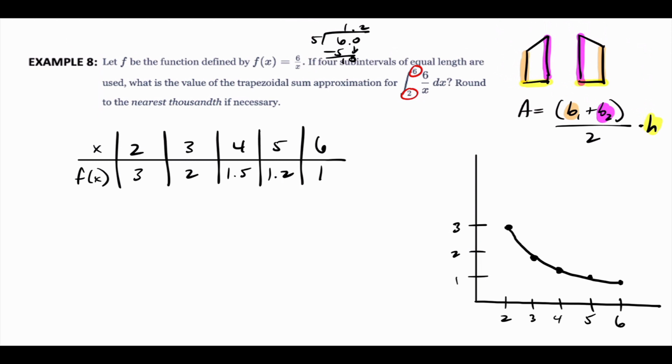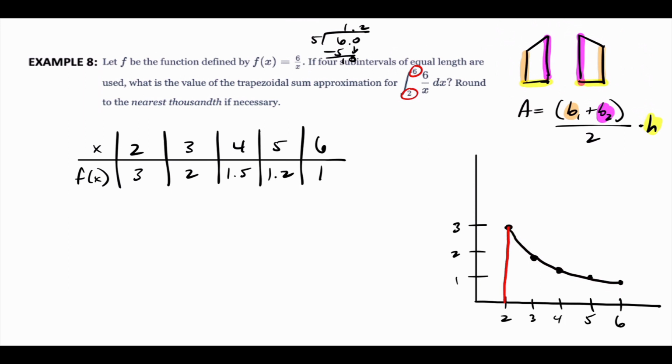Now I'm going to draw each of those 4 trapezoids. Okay, so like I told you at the beginning, they're either going to look like this or like this, depending on what the function is doing. This guy's decreasing. So they're all going to look like this. All of the trapezoids are going to look like that. So the first base is going to be here.